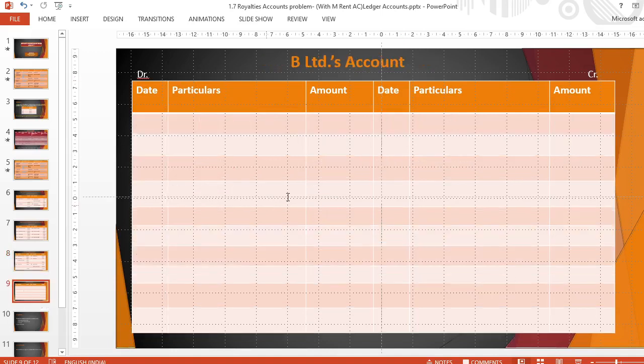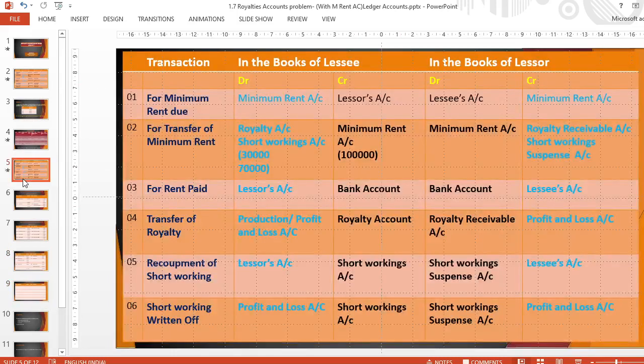And the last ledger account is lessor's account. So here you can check the journal entries or the transactions for lessor's account. The first one is for minimum rent due, the second one for actual payments, and the third one for recoupment. So we need to remember 3 transactions in lessor's account.